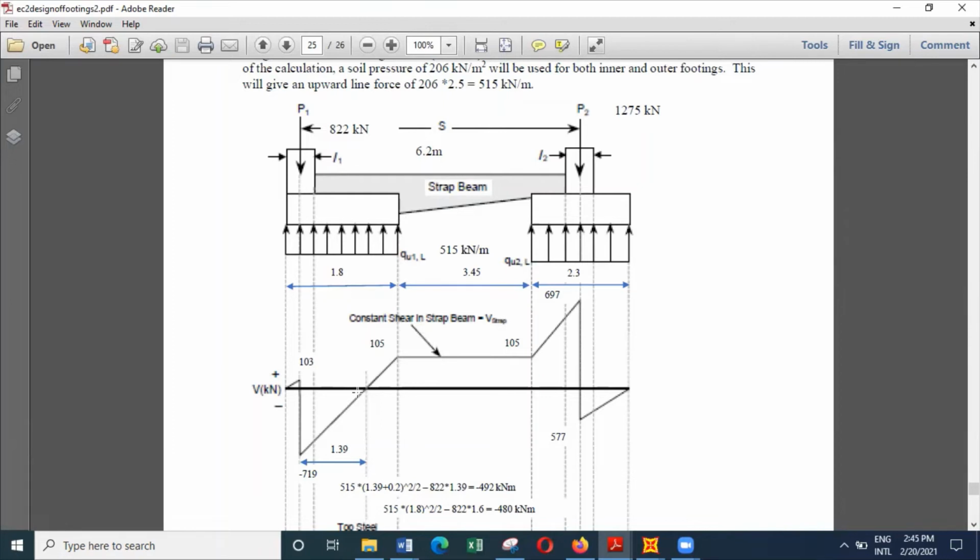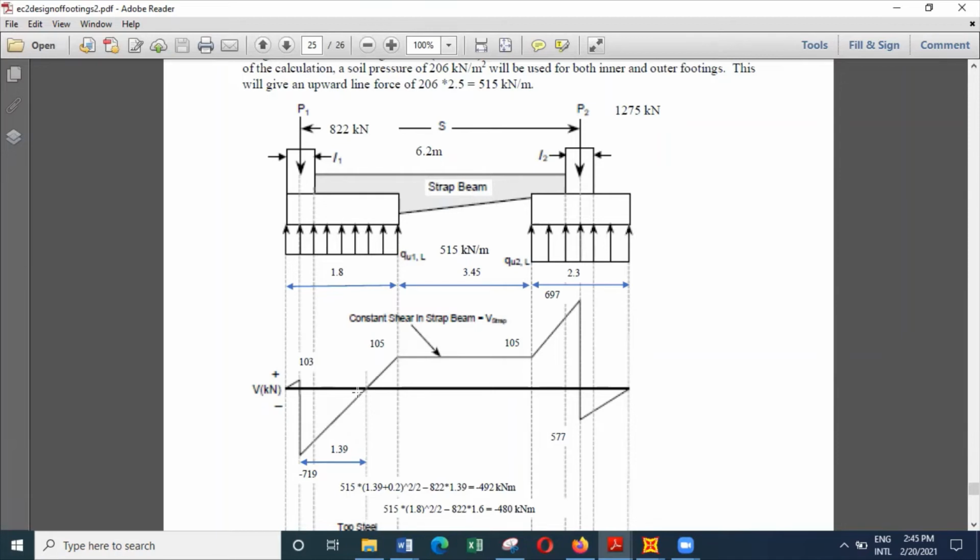So basically minus 719 plus 515 into 1.39 is 0.